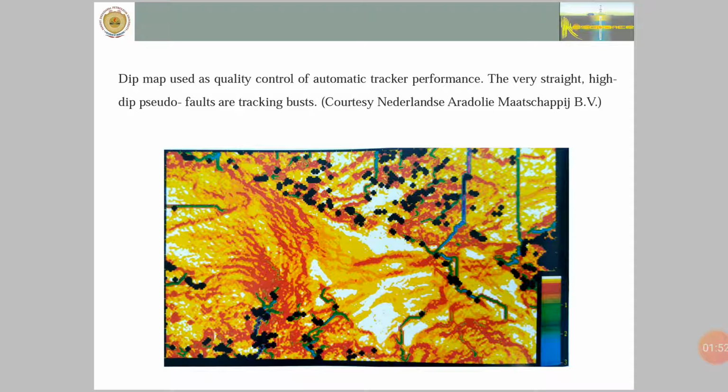Dip azimuth is the direction relative to the north that the plane is dipping, where values range from 0 to 360 degrees. Specifically, dip magnitude and azimuth are calculated from apparent dips of inlines and crosslines. And it is very useful to understand the subsurface features, and in this case, we'll show you a couple of examples for the same.